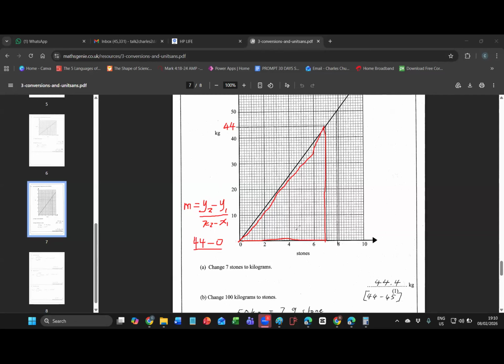Divided by, on the x-axis, I have 7 as my x2 minus 0 as my x1. So in other words, I have 44 over 7. And 44 over 7, I know is 6 point something, right?